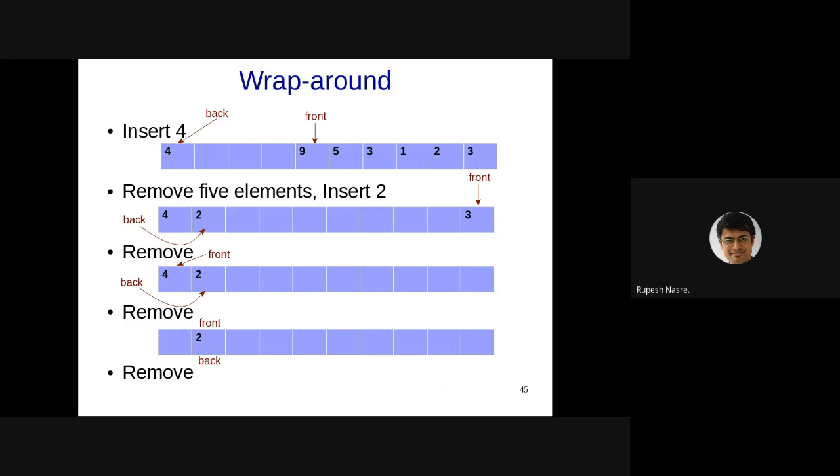Okay, so exactly the way Shania has said, I'm going to remove that element, and therefore back points where it was and front points to the entry next to it. Now what does this convey? Does this convey an empty list, or does this convey a queue containing n elements?